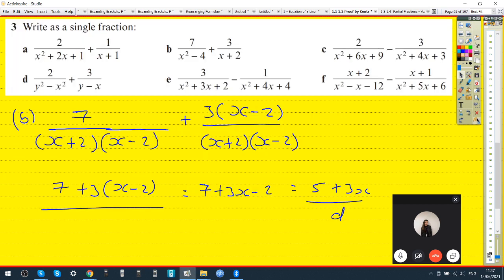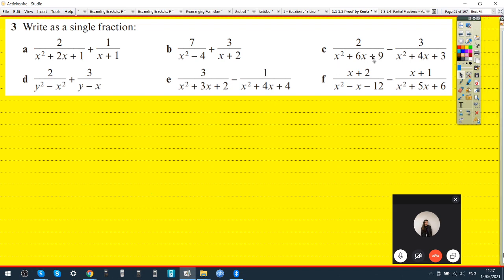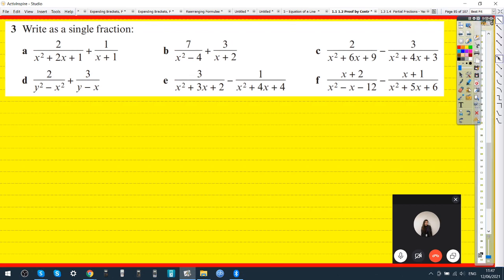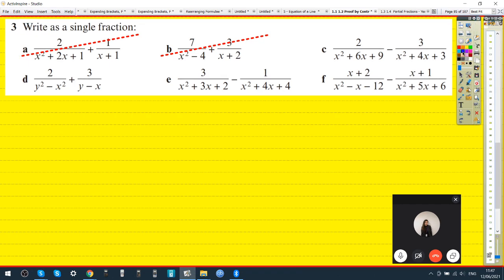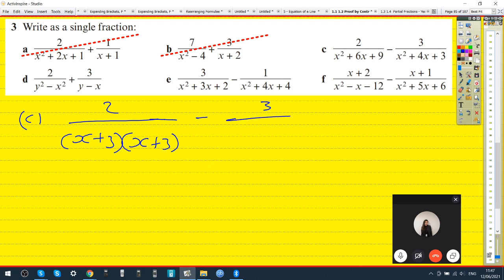Okay, question C. So you'd solve both bottom and top, bottom by quadratics. What do you get? For the bottom left, you get brackets x plus 3.